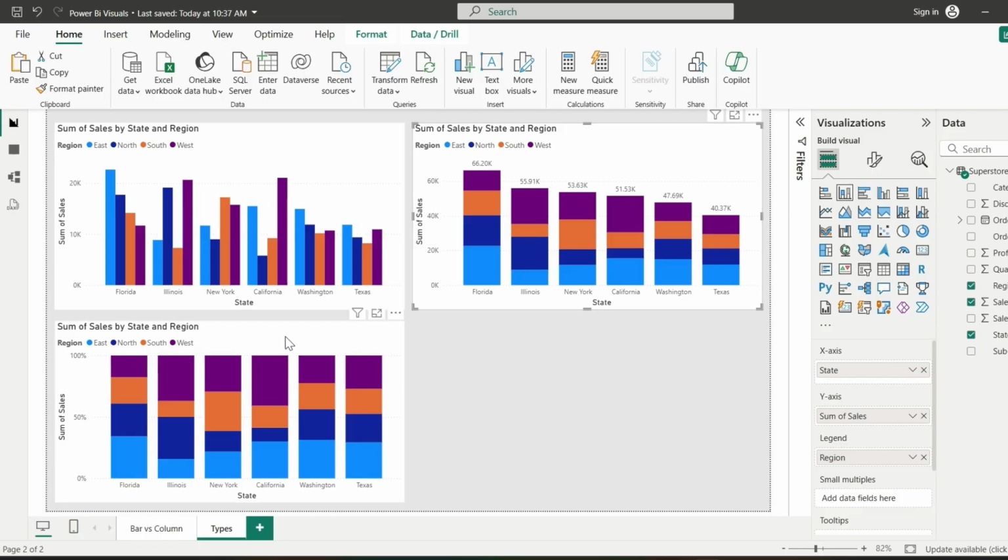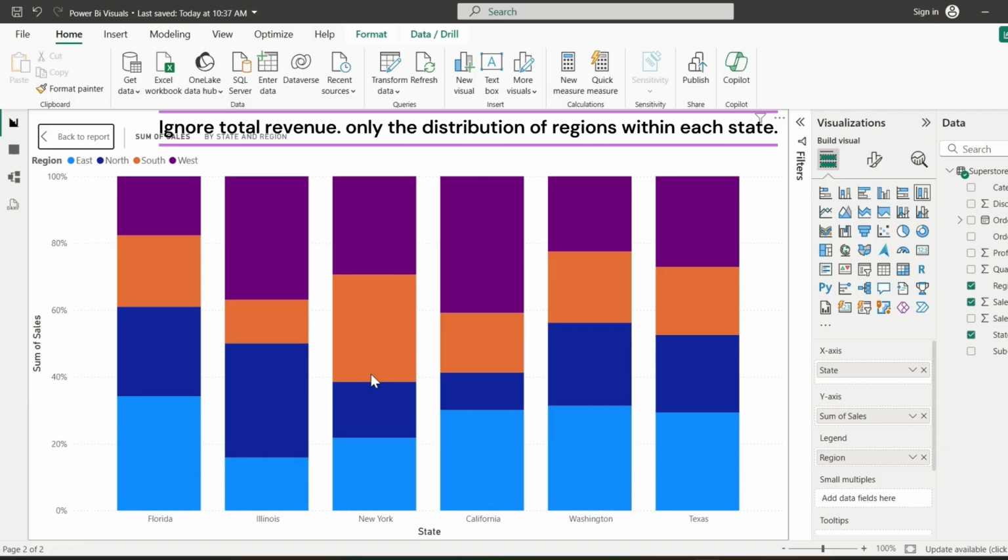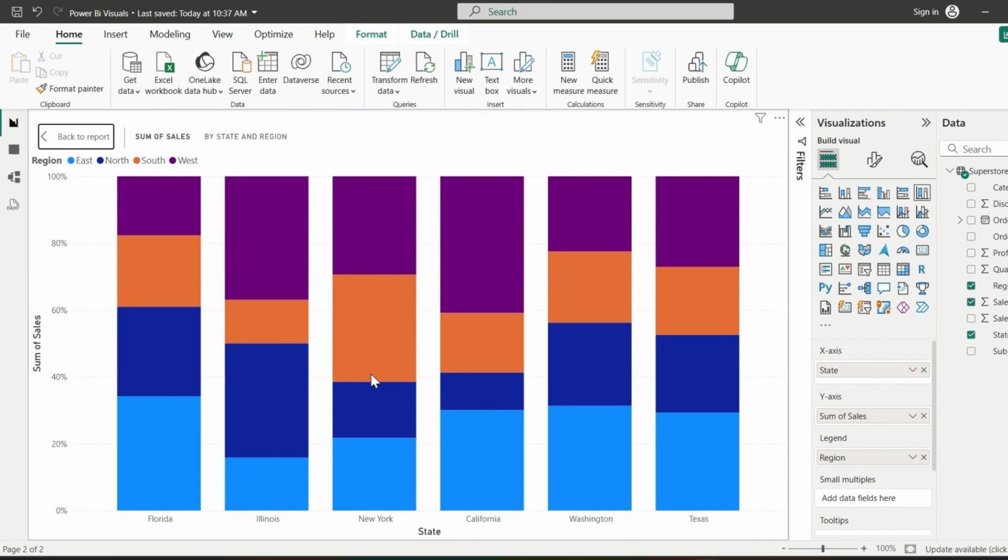Now going to the third one, the 100% stacked chart. When we go to focus mode of this 100% stacked chart, imagine management says, ignore total revenue, I only want to see the distribution of regions within each state. Here we use a 100% stacked column because every column becomes 100%. So now we are only comparing proportions. This chart answers questions like which states depend more on the West region. Here West is this purple color.